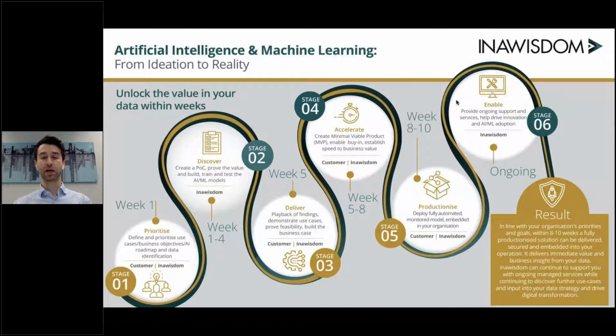And that AI prototype will test your hypothesis. Can we use AI to predict who is going to buy that product X? If the answer to this is yes, we can, and we've built this prototype, that's great. You have something in your hands to prove that this works, and you can also measure it. So you can measure how much value this can bring to your organization if you were to take this all the way, which is a fantastic tool to get you going.